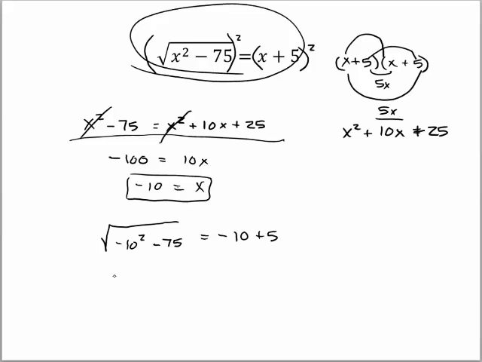That's 100 minus 75, so we've got the square root of 25 equals negative 10 plus 5, which is negative 5. So the square root of 25 is 5, and 5 equals negative 5. That's not true. Therefore, this answer is also not true. And this is what we call the extraneous root.